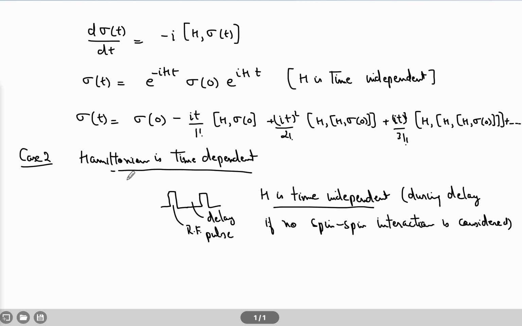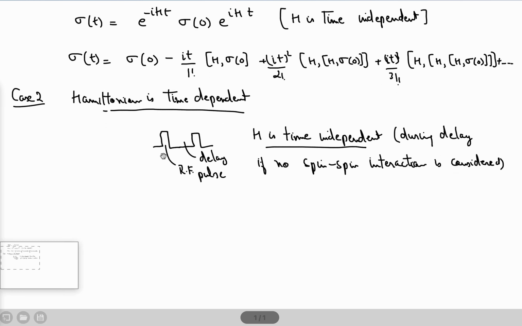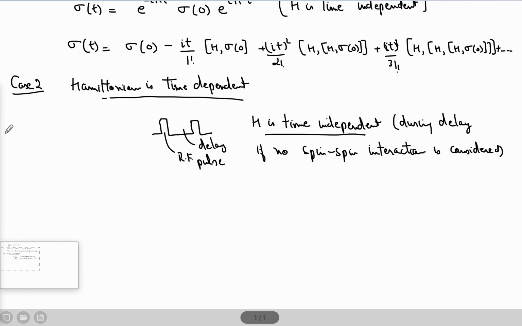Now let us see when an RF pulse is applied, for example. During an RF pulse, or during coupling evolutions, the Hamiltonian is time dependent, and thus the above solution which we just discussed cannot be applied to the Liouville-von Neumann equation, and we need to look for an alternative way to find the solution, right? So how do we go about that?